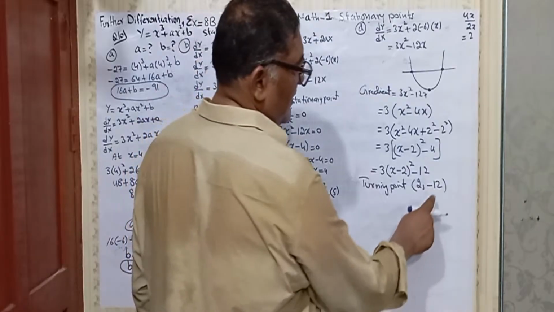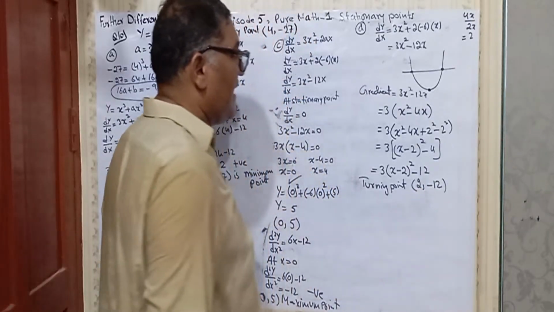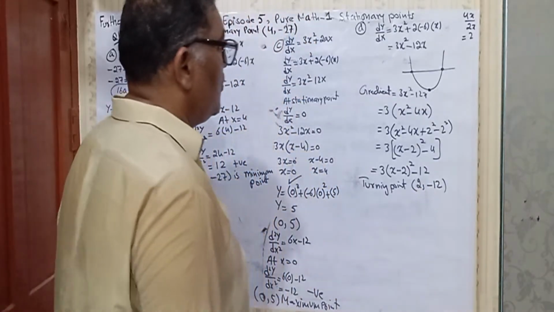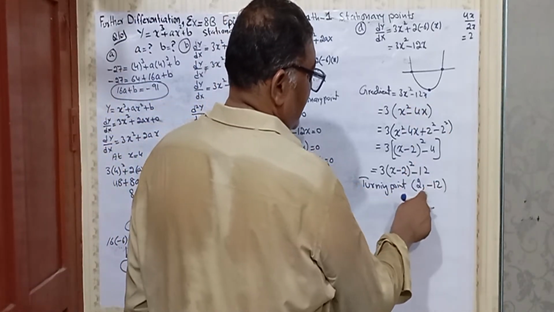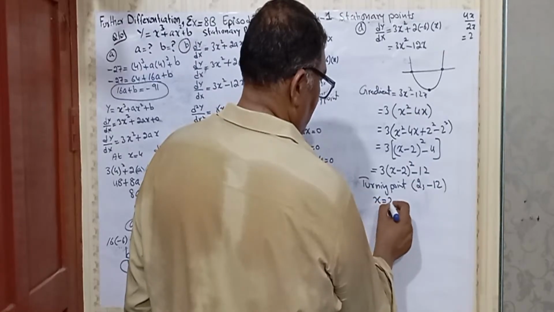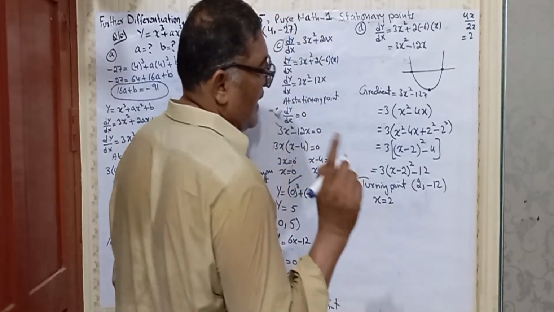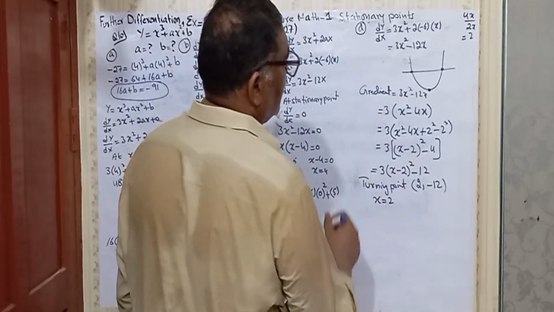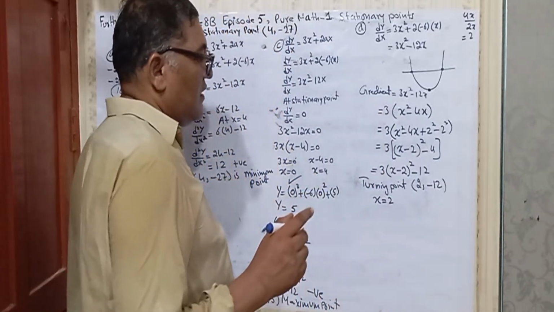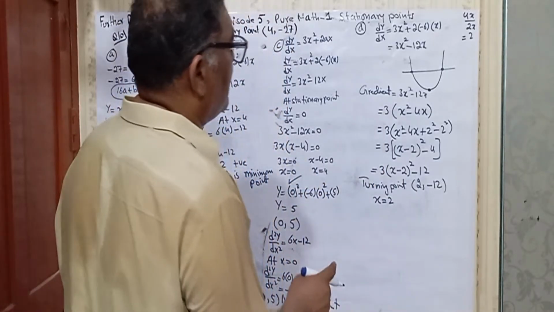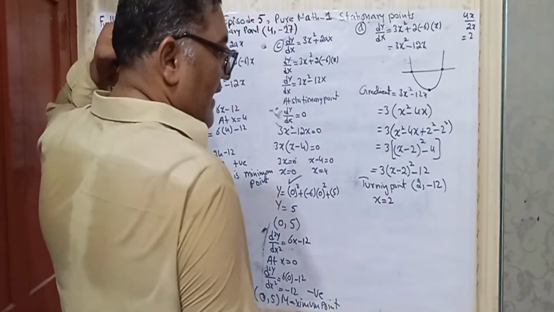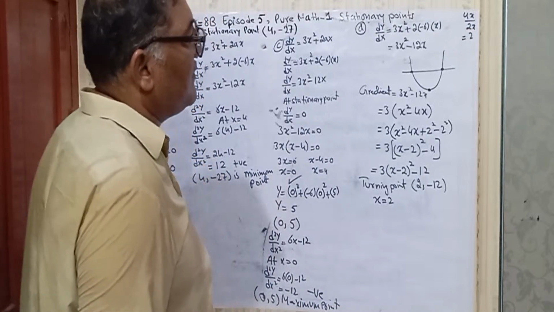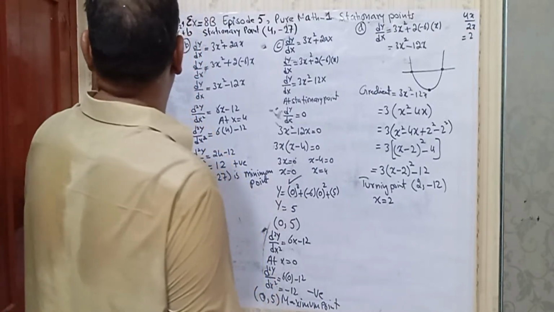The minimum gradient will be minus 12 and it will be at x equals 2. And if you want to find the y coordinate, you can put this x equals 2. At x equals 2, the gradient will be minimum, so I can put it here.